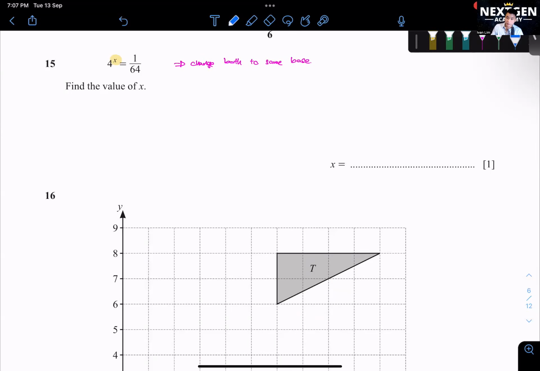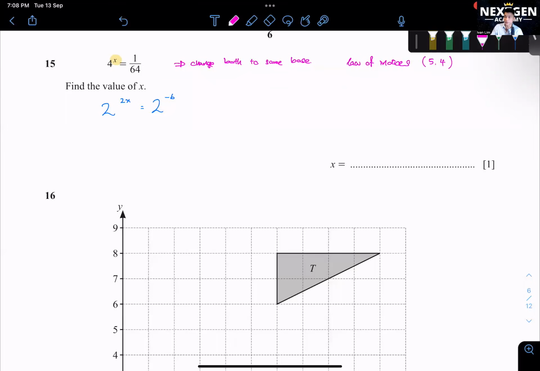So how to change it to the same base? The smallest one will be 2, this one to the power of 2x. This one, you can write it as 2 to the power of, because it's 1 over 64, 2 to the power of -6. So you need to go and revise your law of indices here. If this part doesn't make sense to you, go and revise your law of indices. This is 5.4.